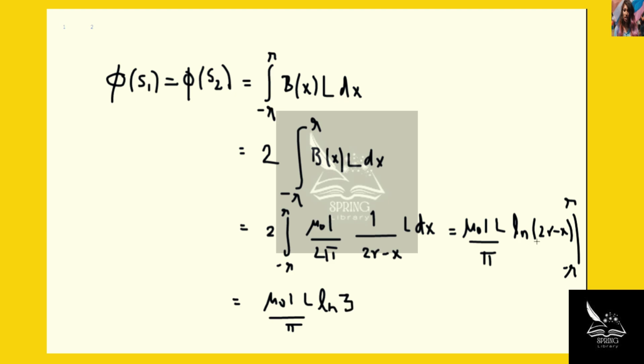That's by considering that if I keep x as R, I get a value of R, but at minus R, I get a different value. There's also a negative sign, because the integral of dx over 2R minus x is negative. Or I could simply switch the limits, taking R on one side and minus R on the other, and you still get the same result.